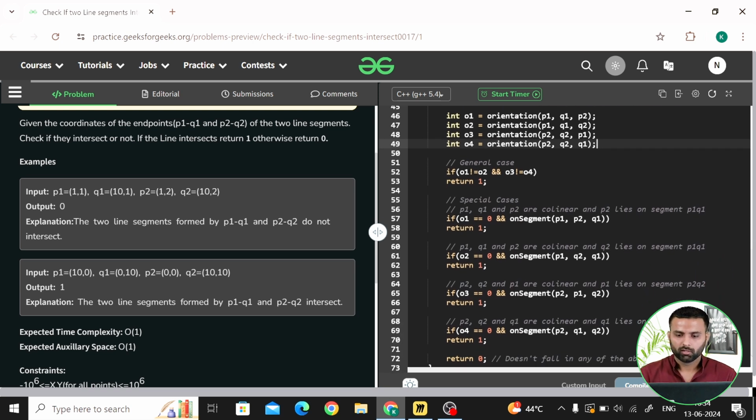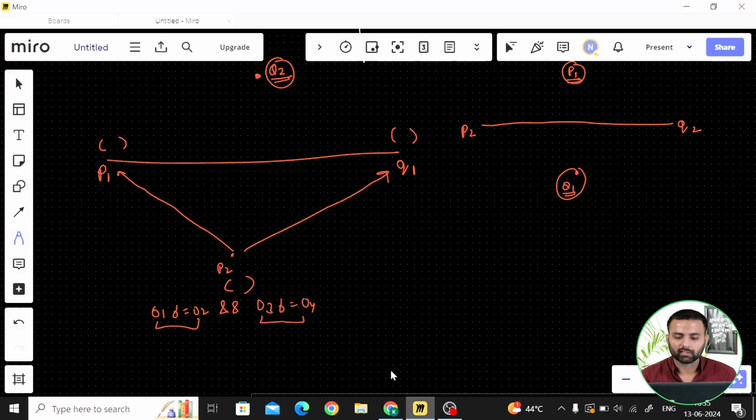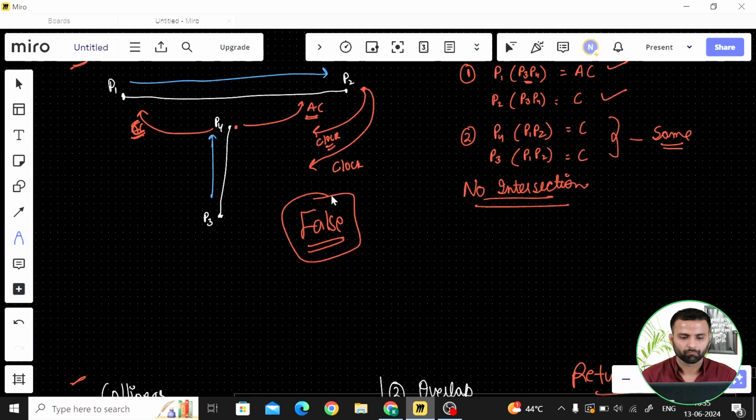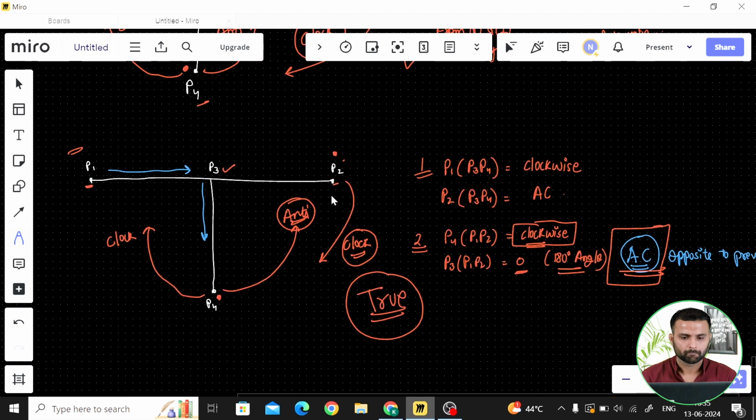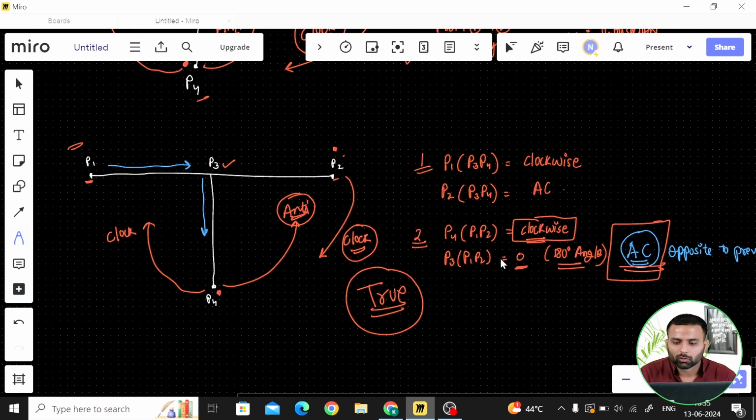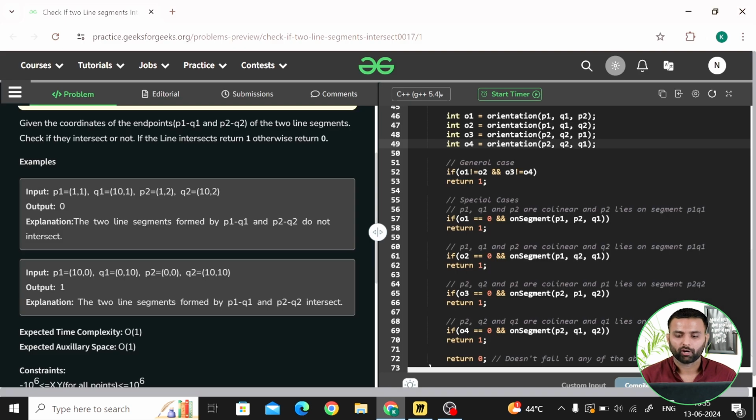Now the special case is if any orientation is 0, for example, if O1 is 0. You just have to check, as I said, for this O1, you calculate just its opposite value, whether it lies on the segment or not.